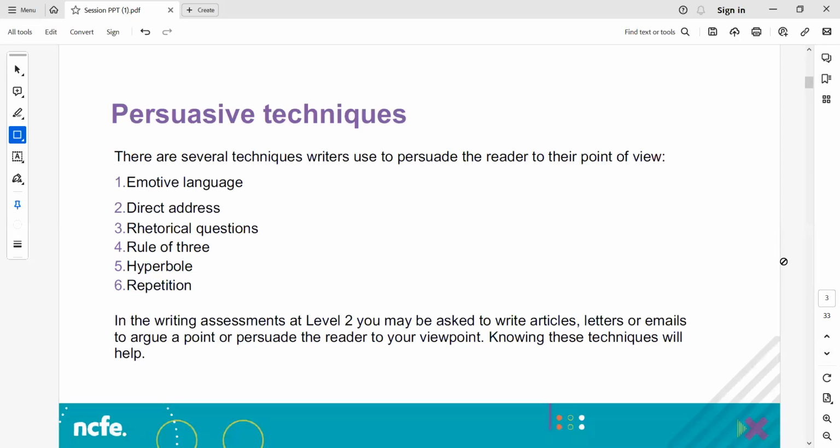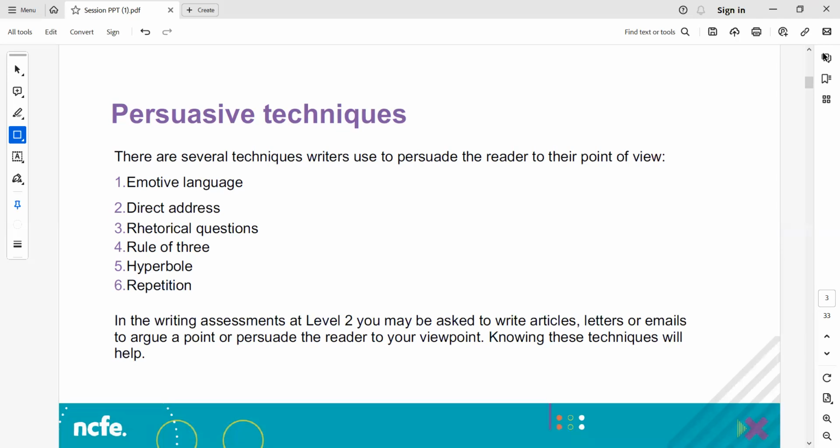So, persuasive techniques. There's several techniques that writers use to persuade the reader to their point of view, and this is across a variety of different text types. So emotive language, direct address, rhetorical questions, the rule of three, hyperbole and repetition.